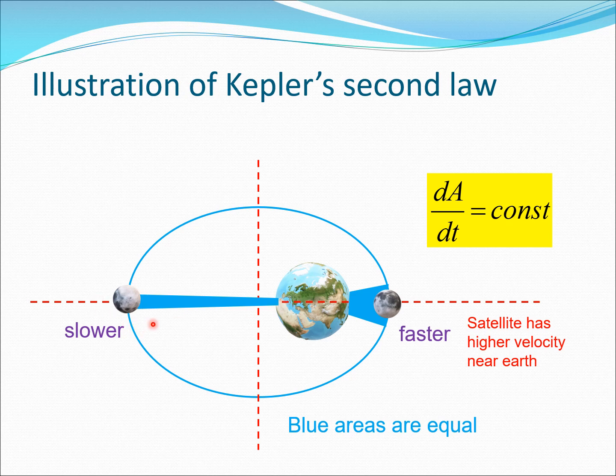And this happens because the areas here, which I have drawn in blue, are going to be equal, because dA by dt has to be kept constant. So the practical fact which comes from Kepler's second law is that the satellite has higher velocity nearer the Earth and a lower velocity far off.